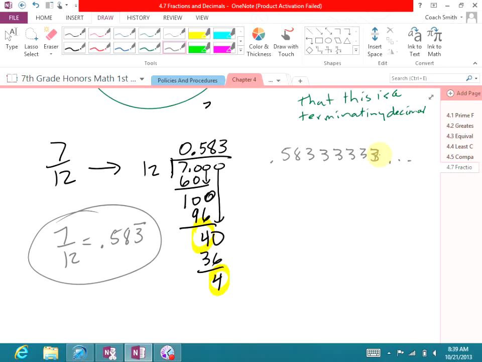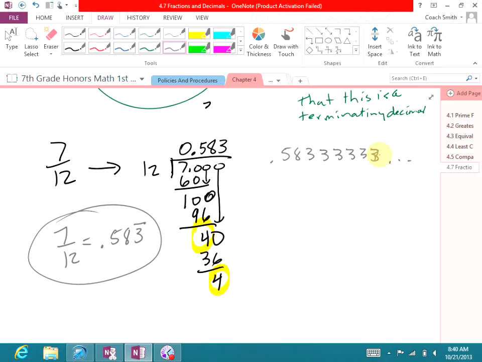Now, it can repeat one digit. It can repeat a block of digits. In other words, it could go 0.1259 and then start over with 1259 again. So you have to be careful. I can't really say that it's when it starts repeating the same remainder every time, because when you get into a block of digits, it's not going to repeat the same remainder.